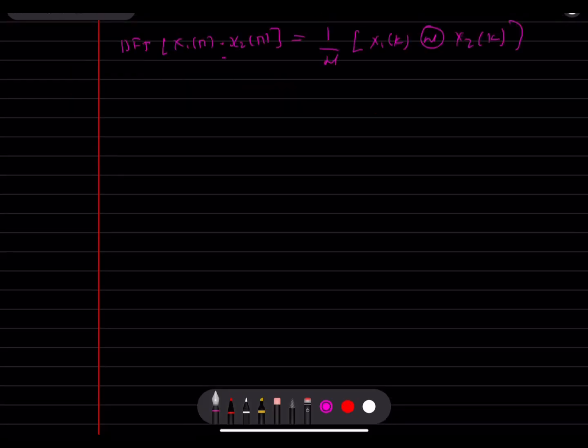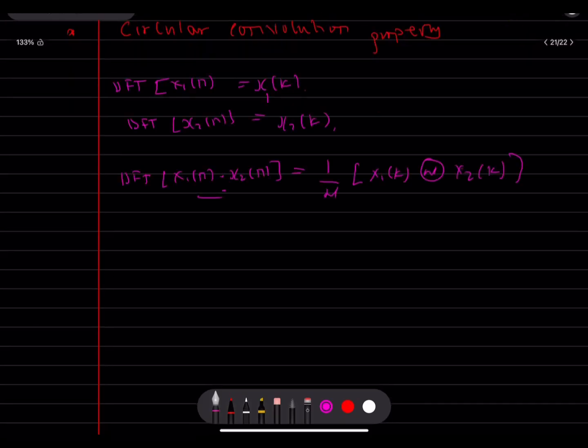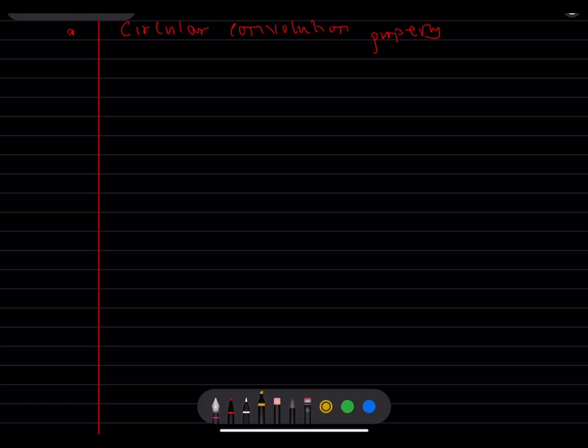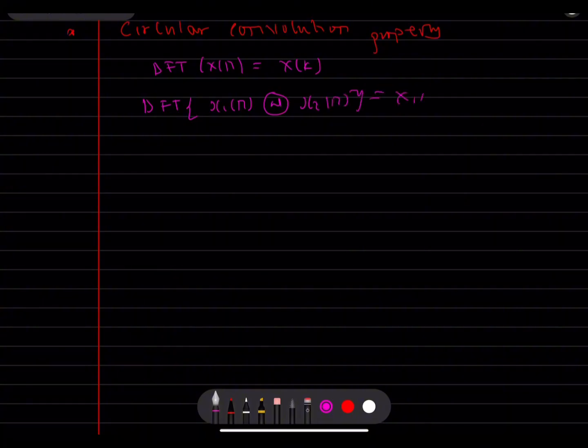It states that if the DFT of x1 of n is equal to X1 of k and the DFT of x2 of n is X2 of k, then the DFT of x1 of n convolved with x2 of n is equal to X1 of k multiplied by X2 of k.